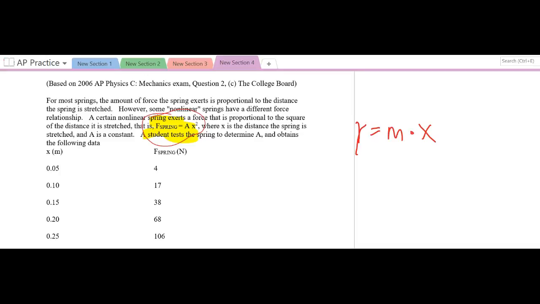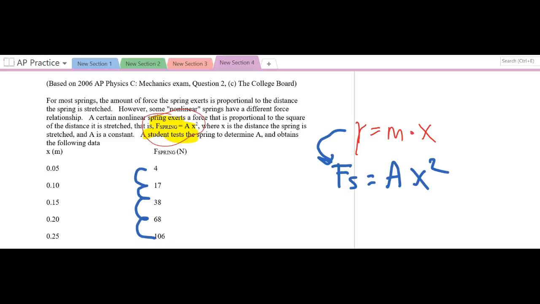So here the equation is force of the spring equals ax squared. Now, y-axis. Will this work for the y-axis? Do I have data that's changing for every single section? Here's force of the spring, and it's always changing, so that will work on the y-axis.